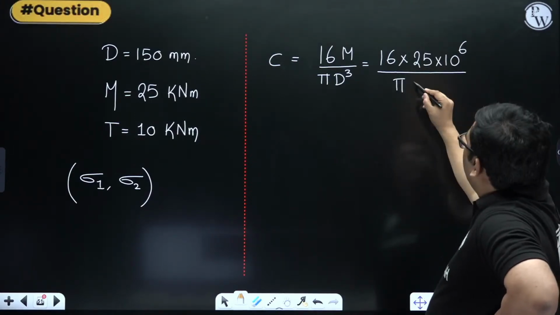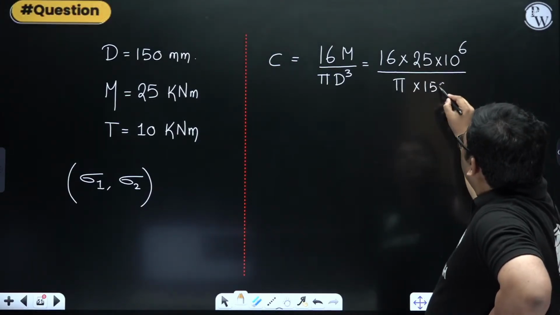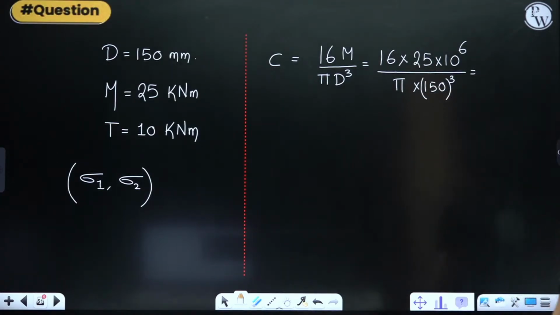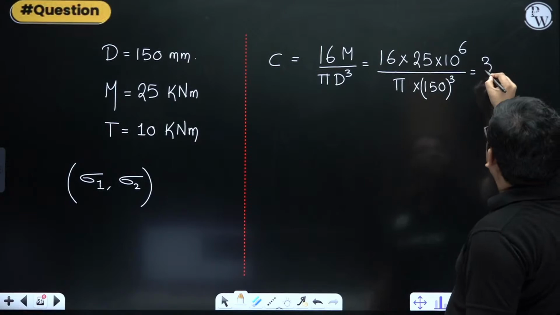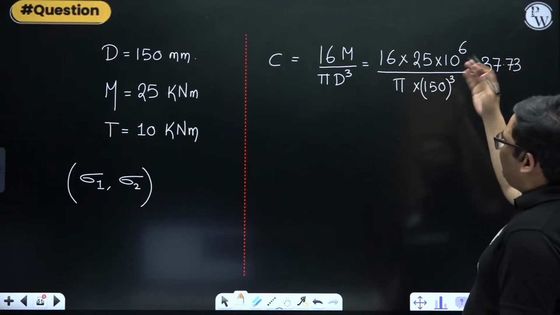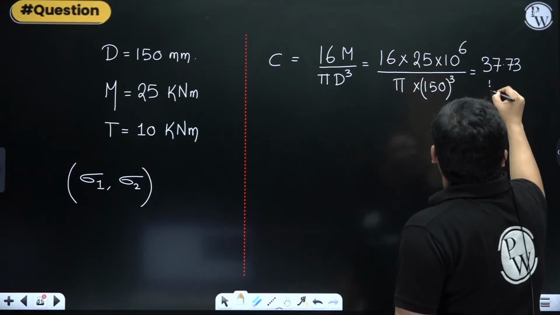How much are you getting for the center? The center will be 16 into 25 into 10 to the power 6 divided by pi, further divided by 150 cube. It is 37.73. Very good. 37.73 MPa.